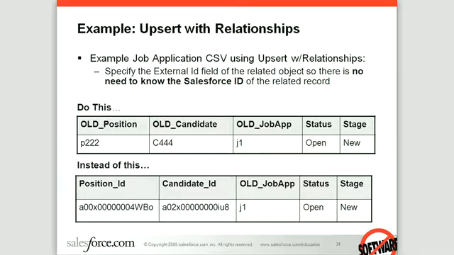So when you're inserting, for instance, let's say I'm doing an upsert of a job application, and when I'm upserting my job applications, I'm not only using the old job app ID, which would be my external ID, I'm also defining the relationship to existing position and candidate records using external IDs on those.